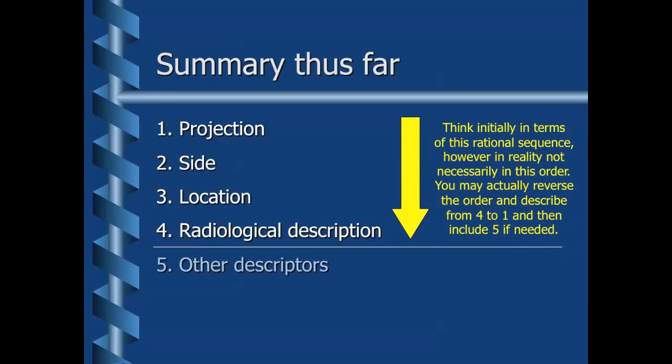I've just brought up some text on the right there in yellow, and you do need to think initially in terms of this rational sequence. So you start from very simple descriptions and you go to more complex ones. Obviously, stating the projection and which foot it is is the very simple stuff, and the radiological describing becomes more complex.